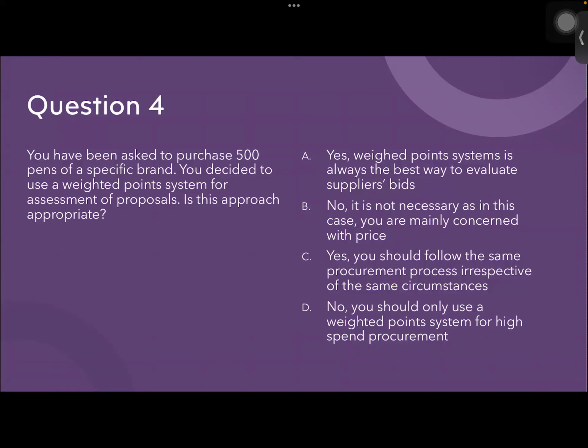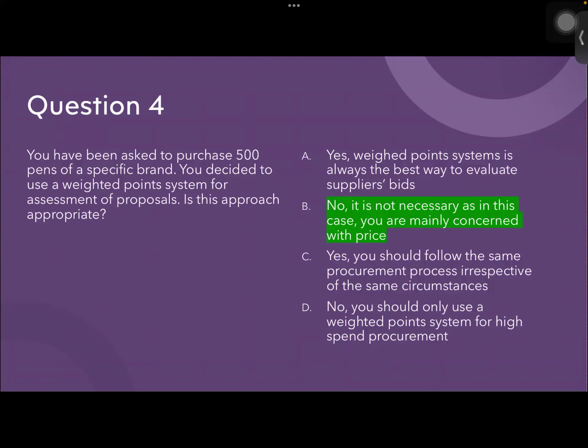The answer here is no, because for this purchase the only concern is the price. With a weighted score system, we should only use it when we have multiple criteria to consider.